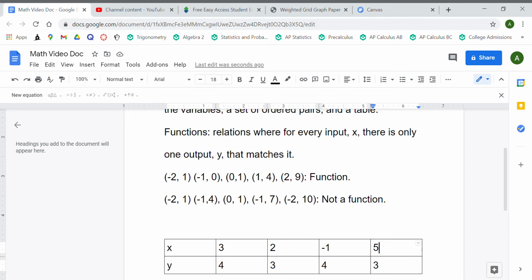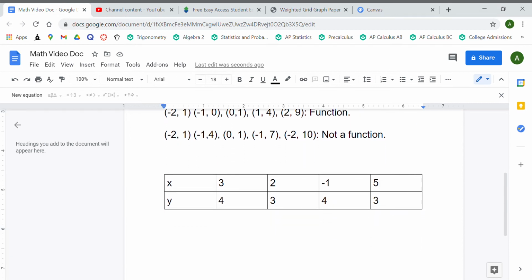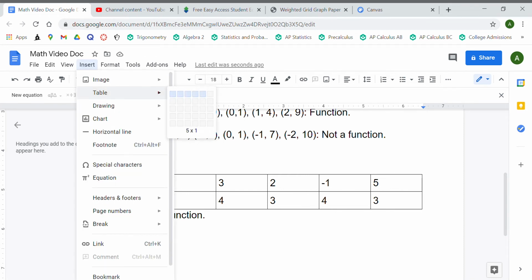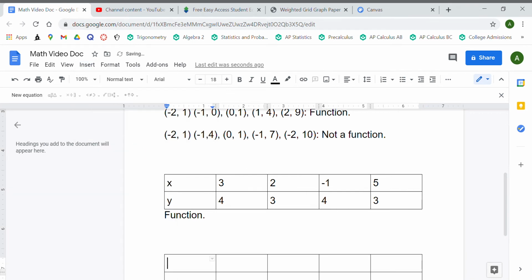Both of the outputs 4 and 3 are repeated, but again, that is not a factor in what determines a function. So therefore, one input, one output, function. Simple. It's not as hard as you think it is. Do not stress it.